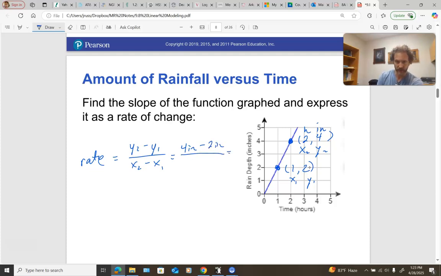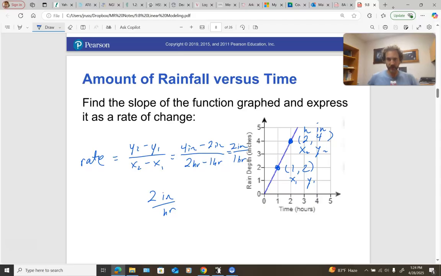That's going to give us a difference of 2 inches in rainfall. And then the difference in time from our second point and our first point is just 2 and 1. Okay, so 2 hours minus 1 hour is 1 hour. And so the rate of change, or the slope of this line, which is the same thing, is 2 over 1, or in other words, 2 inches per hour. So that's the rate at which it's raining.